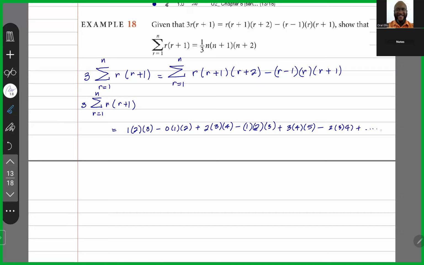Plus, when r is n minus 1, we have n minus 1, n, n plus 1, plus the last term, when r is n, we have n into n plus 1, n plus 2 minus n minus 1, n, n plus 1.